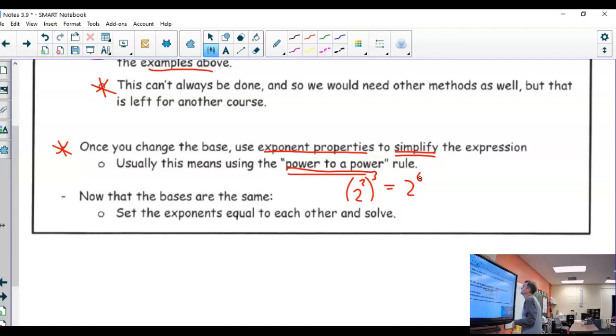Because when you have a power to a power, you multiply them together. And now that the bases are the same, you set the exponents equal to each other, like we did in the very first example we did. All right, let's try a couple. Please stay with me to the last one. The last one is the most difficult.